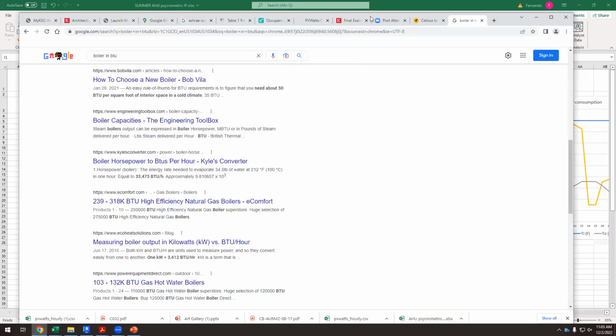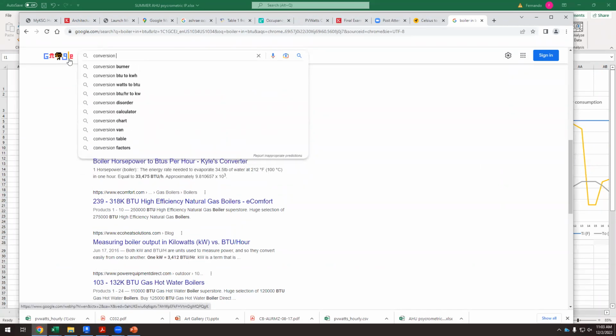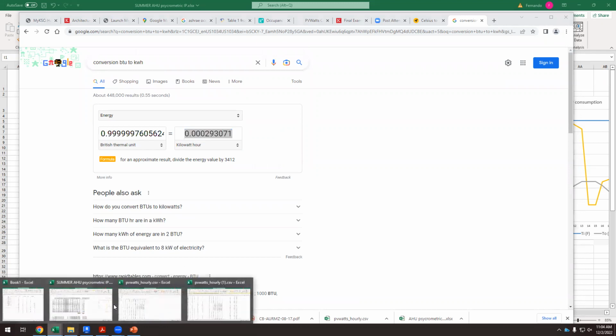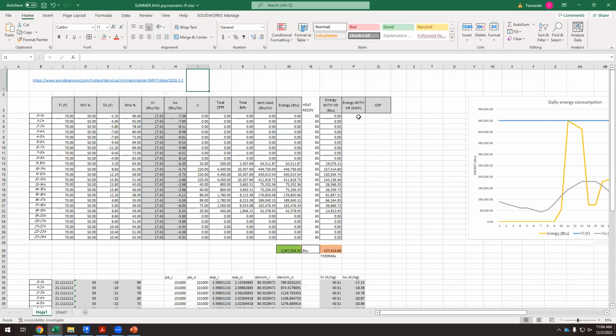So how can we convert that? There is a converter. BTU to kilowatt. Okay, so we have this number, 0.000293. I copy this number, and this column equals the value in BTUs times the value in kilowatt hours. Then I write it down.